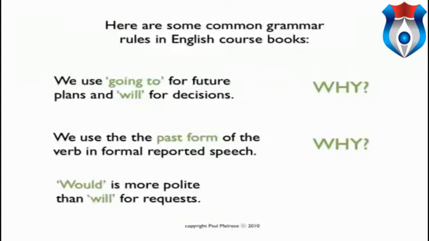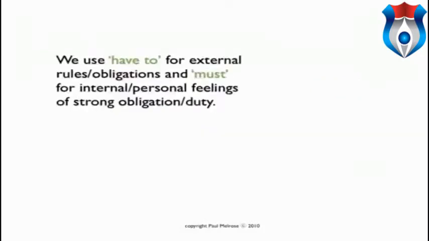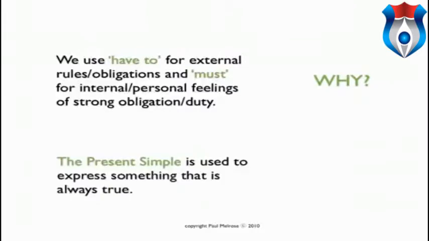Would is more polite than will for requests. Again, why? We use have to for external rules and obligations and must for internal personal feelings of strong obligation duty. Why is this true? And the present simple is used to express something that is always true, like I am Irish. And again, why?